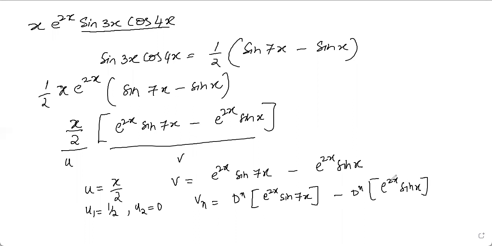Here a is 2 square, so it will be 4, b is 7 square, so that will be 49, and 49 to the power of n by 2, and e to the power of 2x, right?